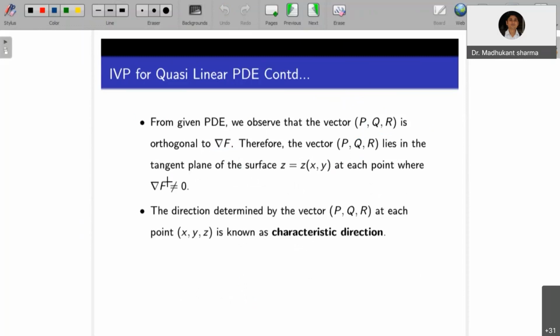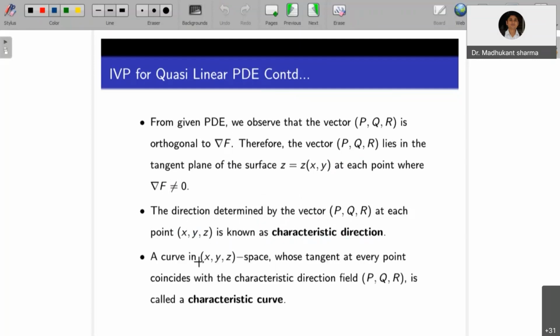The direction determined by the vector at each point is known as the characteristic direction. If you keep all these directions together, this will generate a direction field.